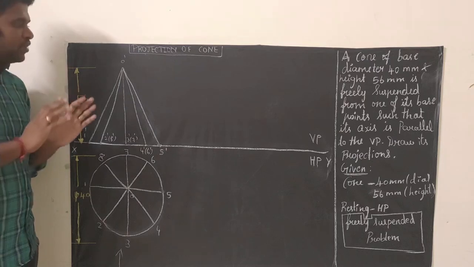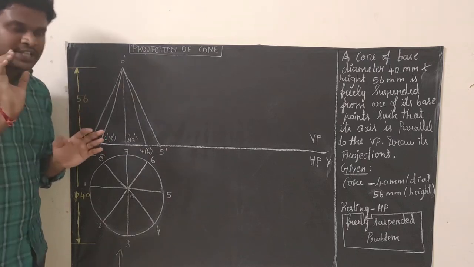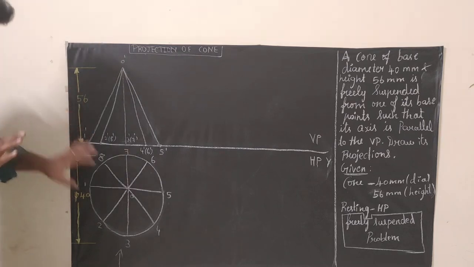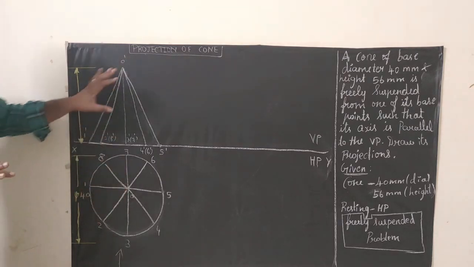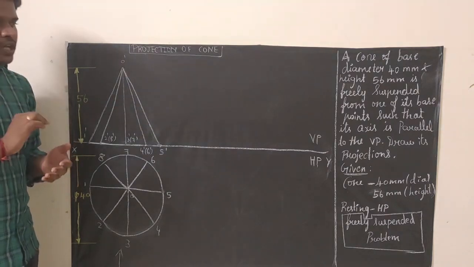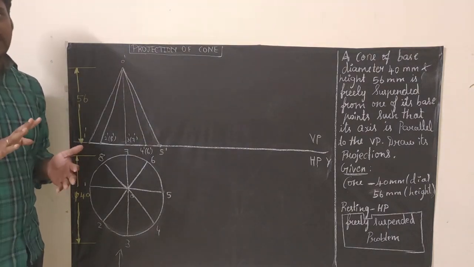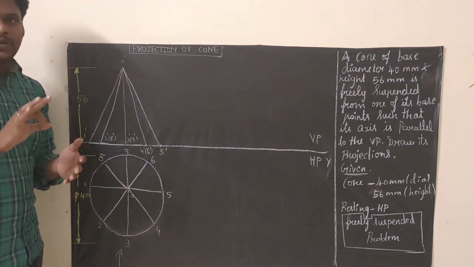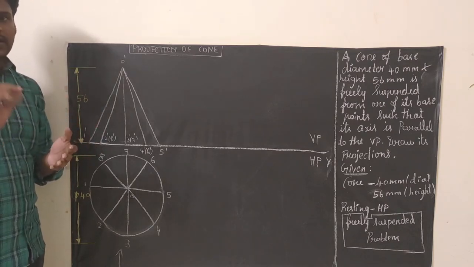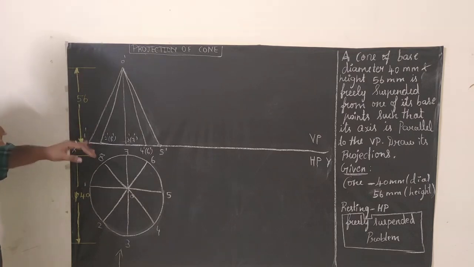Whenever we are drawing the front view, we name the points with dashes. Whenever you are drawing the top view, we should not put a dash. So right now we have drawn the top view and the front view. This is a special type of problem, that is freely suspended. So here we need to fix the center of gravity, where the center of gravity lies. For a cone there is a formula for identifying the center of gravity, that is h divided by 4.